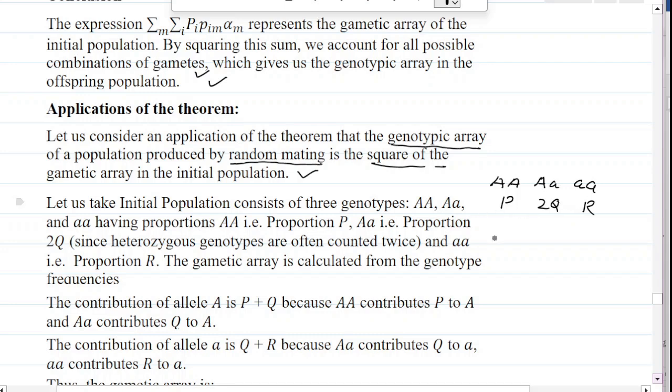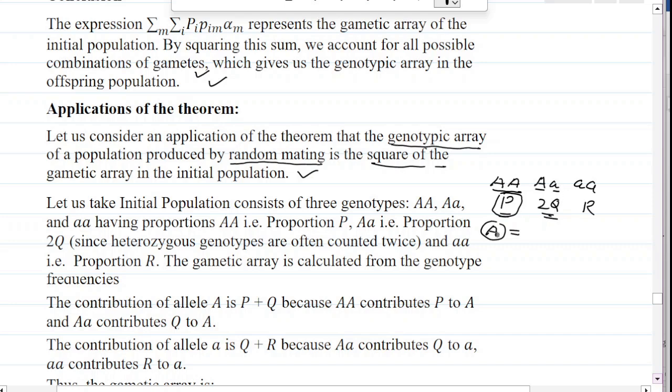Now the contribution of allele A. What is the contribution of allele A? It can be obtained from this term and this term. Here is the whole contribution: both alleles contributed to P, and here one allele contributed to 2Q and one small a contributed to 2Q.